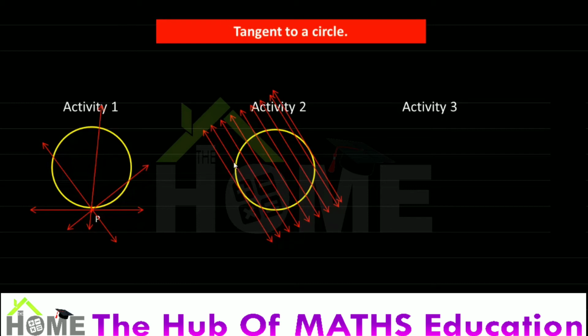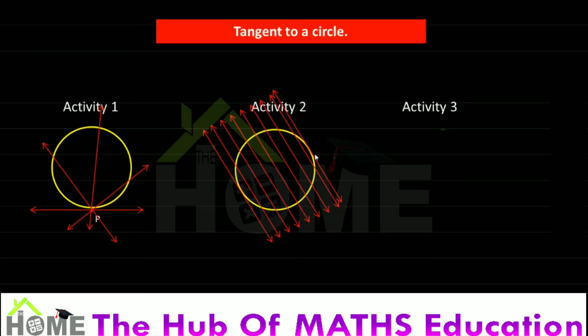And second, a circle cannot have more than 2 tangents that are parallel to a given secant. To a given secant, we can draw only 2 parallel tangents and not more than 2.